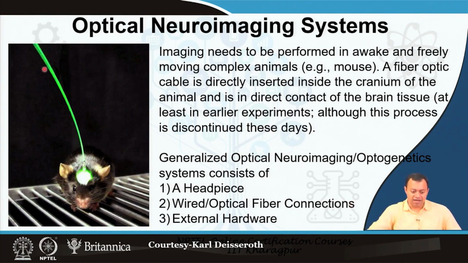This is an optical fiber containing a laser light, and that has been inserted into the cranium of the mouse. There is a small hole, well, not so small in this particular case. A hole has been made inside the cranium, inside the head of the mouse, and that is then connected with an optical fiber.